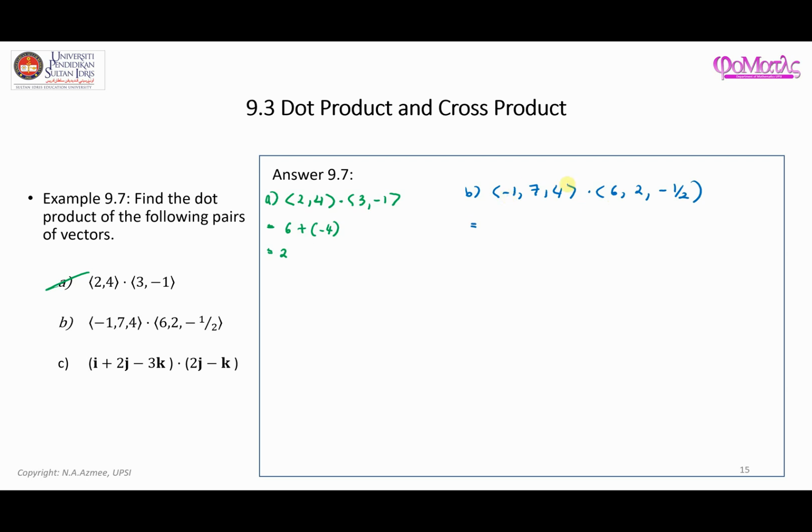That becomes -1 times 6 is -6, 7 times 2 is 14, plus 4 times -1/2 is -2. Then -6 plus 14 is 8, and 8 minus 2 is 6.